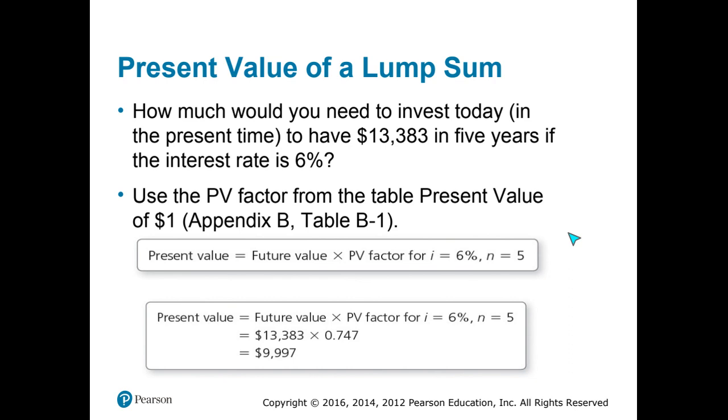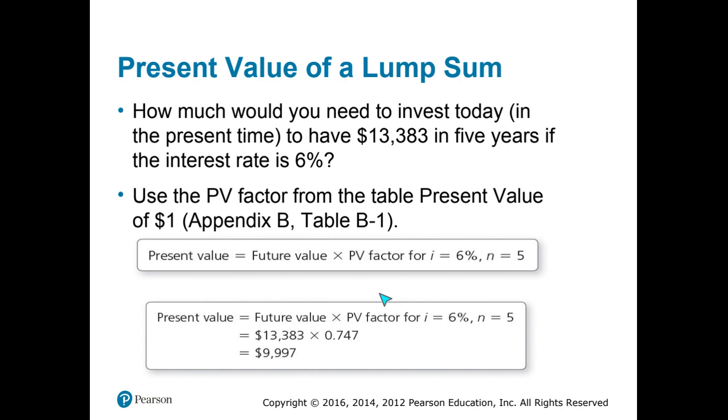All right. So in the book, we see present value. It's telling us to use the present value of $1. You'll see here, you've got present value of $1 listed on your table. What you would do is look here for the number of periods and the percent.